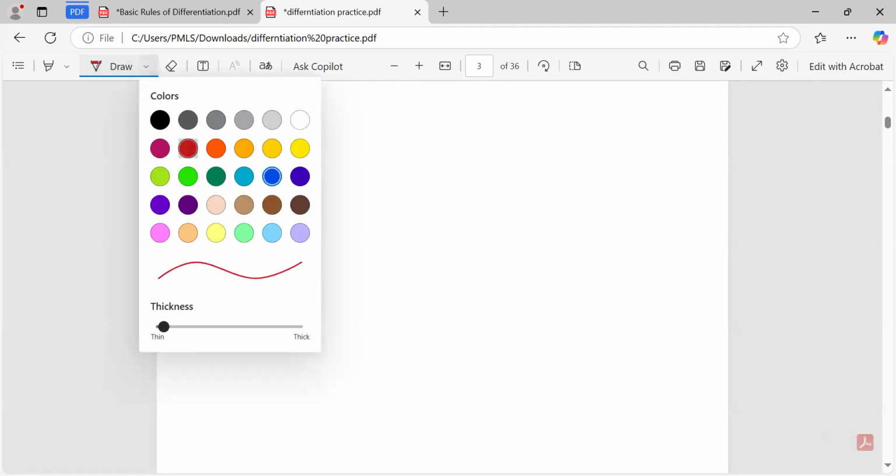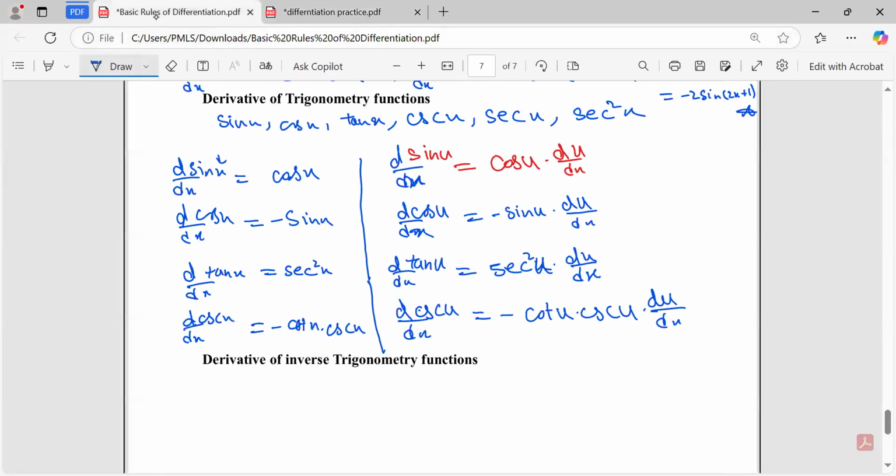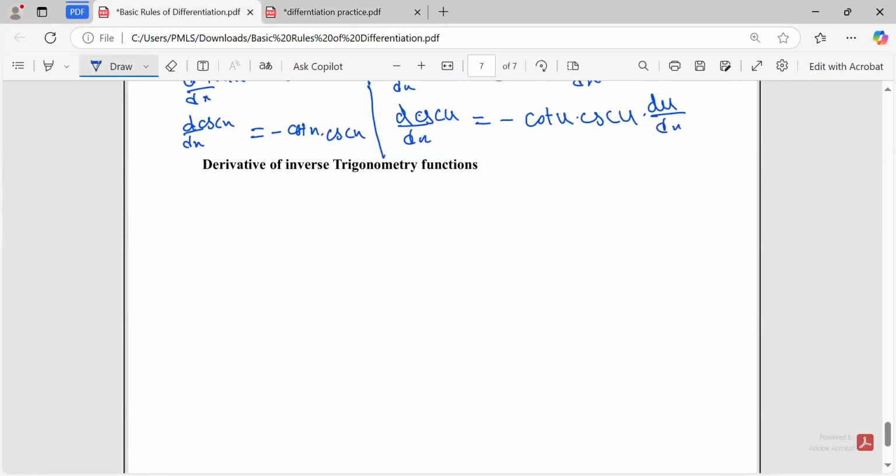After this, we have inverse trigonometric functions. There are 6 inverse trigonometric functions: sine inverse of x, cos inverse of x, tan inverse of x, and then the reciprocal of sine inverse, which is cosecant inverse of x. The reciprocal of cos is secant inverse of x, and the reciprocal of tan is cot inverse of x.